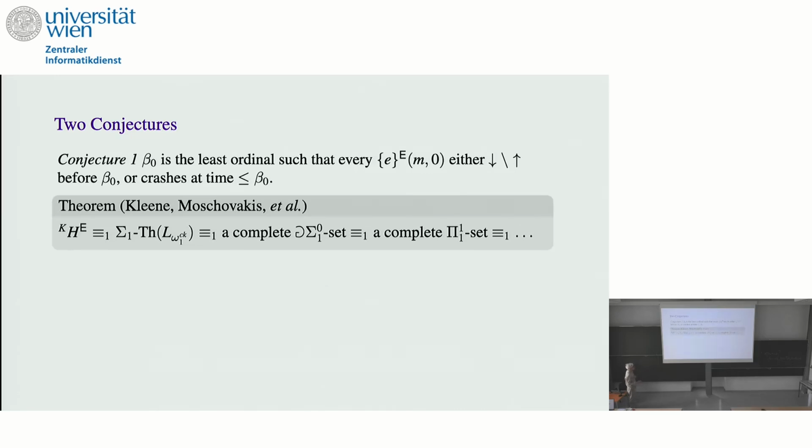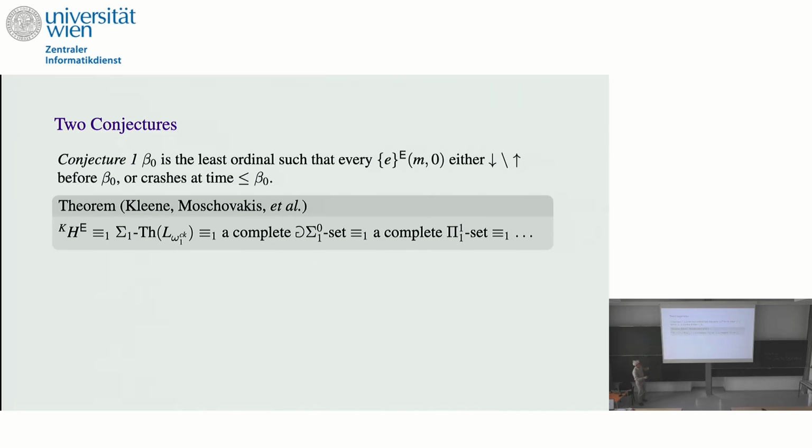So I want to then make a comparison with what Kleene, Moschovakis, and other people did. K here is for Kleene, again looking at the Kleene type 2 recursion. The halting problem here is recursively isomorphic to the sigma 1 theory of L omega 1 CK, which is recursively isomorphic to Kleene's O, a complete pi 1 1 set. And it's also recursively isomorphic to a complete G sigma 0 1 set.